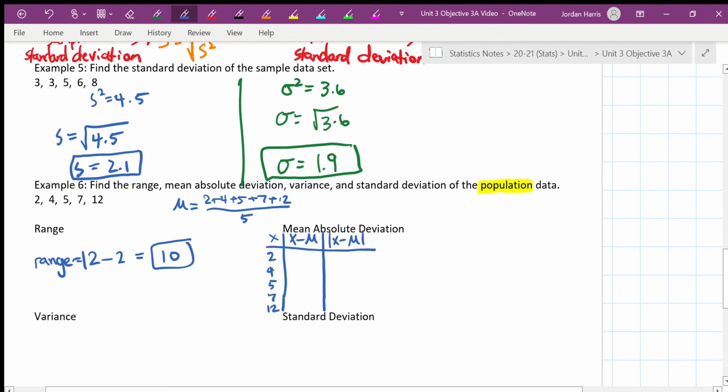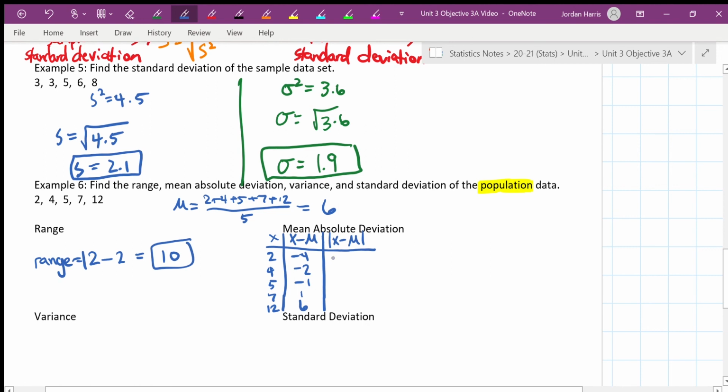Add them all up and divide by how many there are. So 6, 11, 18, 30, divided by 5 is 6. Now I do the data point minus the mean, and I get negative 4, negative 2, negative 1, 1, and 6. Always check: this should always add up to 0. That middle column needs to add up to 0, and it does.